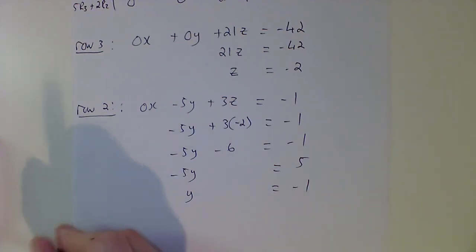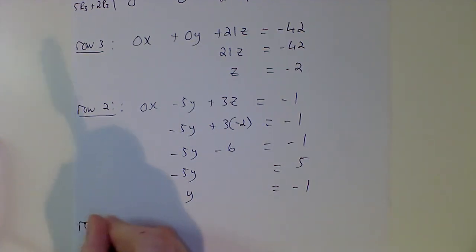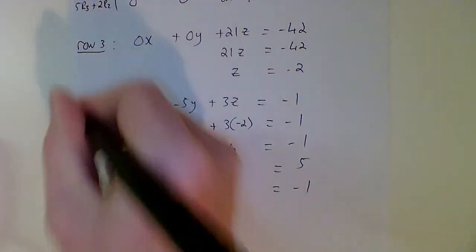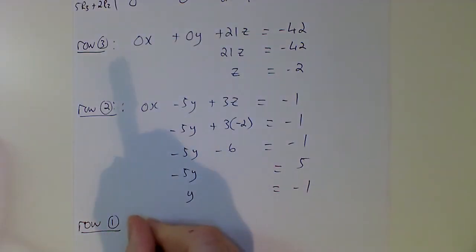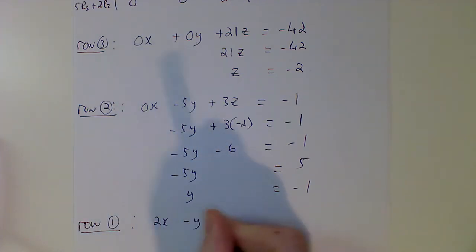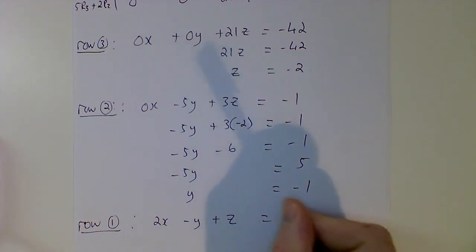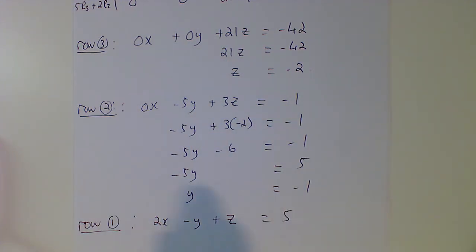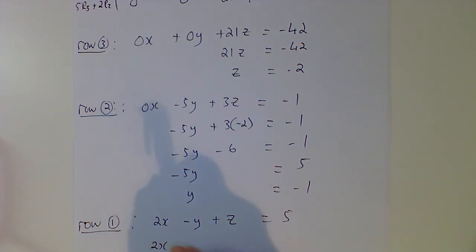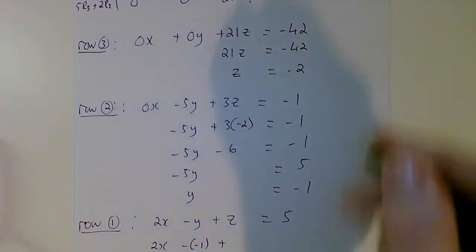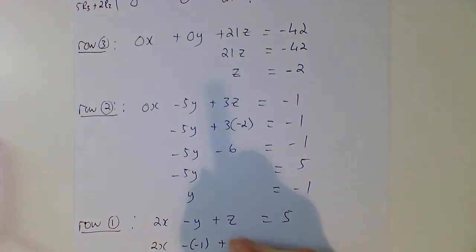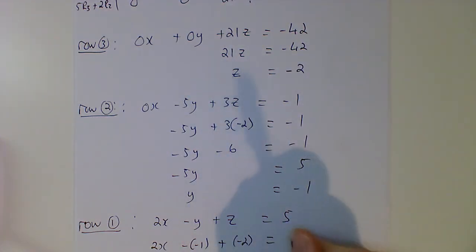Then lastly, row number 1. It is 2x take away y plus z equals 5. So substitute those in. So 2x take away negative 1 plus negative 2 equals 5.